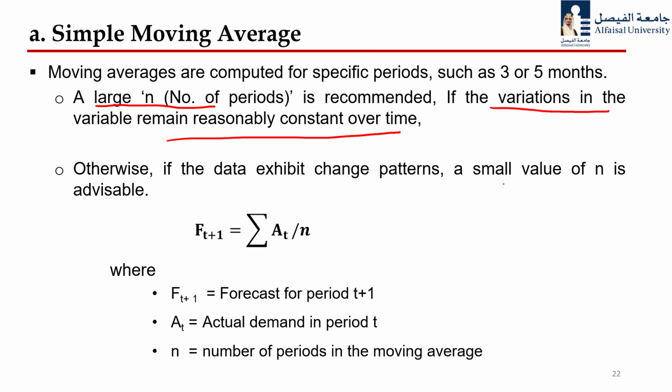But if the variation is not constant over time, there is a continuous variation occurring and the pattern is changing over time, then you can always use a smaller number.